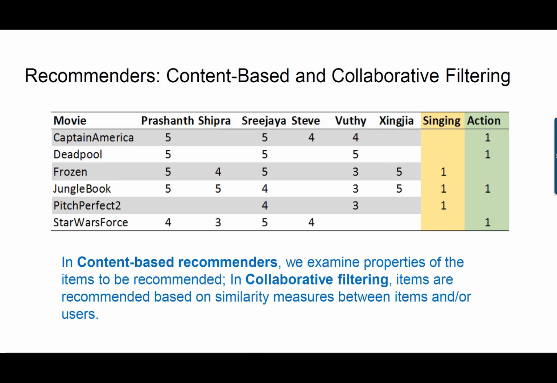But at the end of the day, you would want to be able to do things like say, what movie that Xingja has not yet seen is she most likely to enjoy? And with a handful of items and a handful of users, you might say, well, she probably would like Pitch Perfect. Of course, she hasn't rated any action movies, so it's tough to tell.